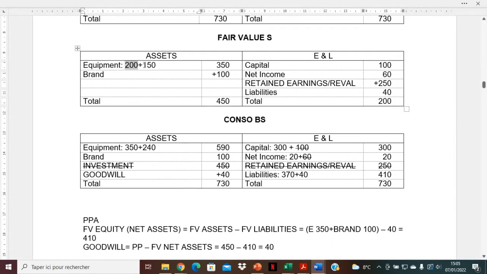That means I need to depreciate from a group level only the additional 150. If I did what you propose, that means recalculating depreciation on the full 350, there would be twice a depreciation of the 200, and that would be incorrect. The book value of the equipment is already depreciated, so I need to add only the additional amount I recognize on the group level, which is 150.